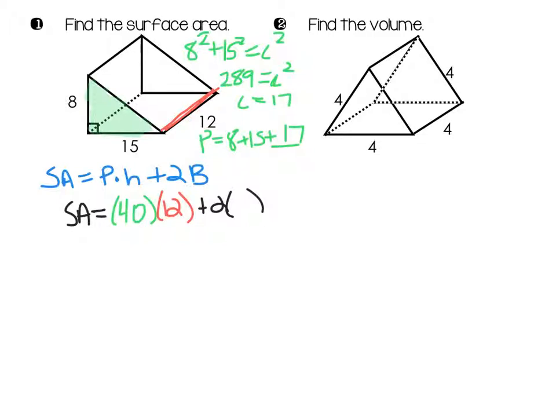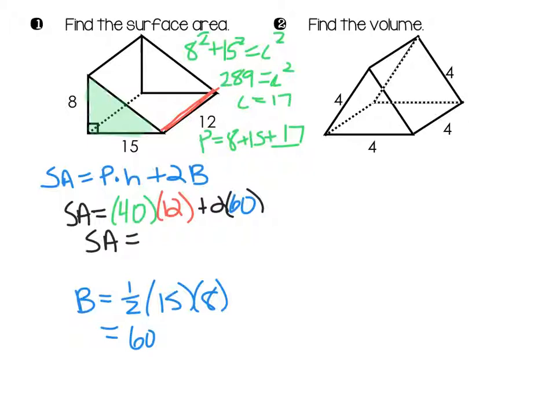I'm going to skip way down here and do my work. So the area of my base is 1/2 base times height, 15 and 8, and that's going to give me 60. Plug all that in the calculator, and we get that my surface area is 600.